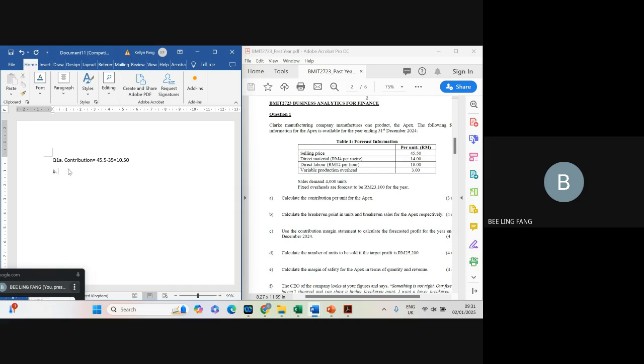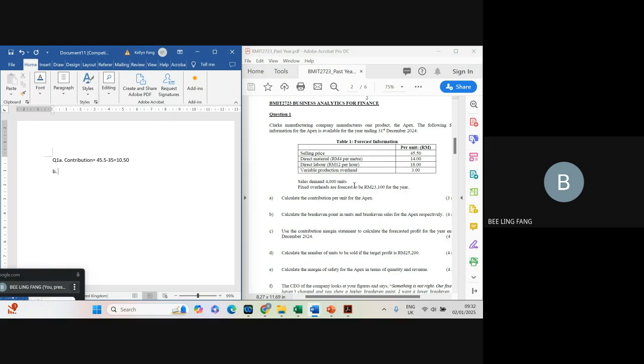So B, break even. To calculate the break even, you find how many units you need to sell so that you don't make a profit and don't make a loss, right? So you know the fixed overhead is forecast to be 23,100 for the year.